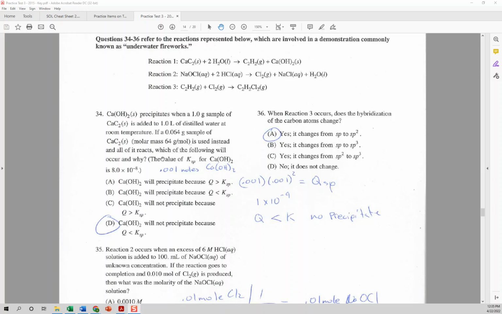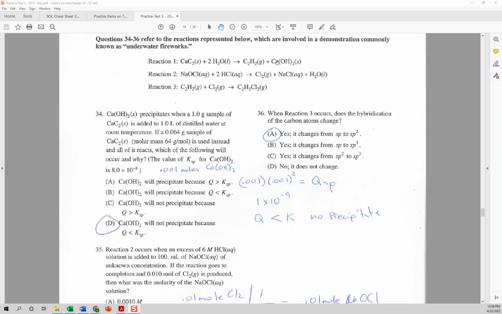Okay, so if 0.064 grams of calcium carbide was used instead, would we still get a precipitate? This is going to be comparing QSP to KSP. What we need to do is figure out, based on this reaction, how many moles of calcium hydroxide would be produced if we start with 0.064 grams of calcium carbide, times 1 over 1.